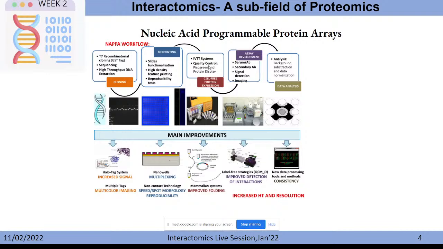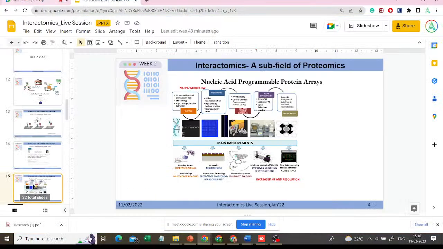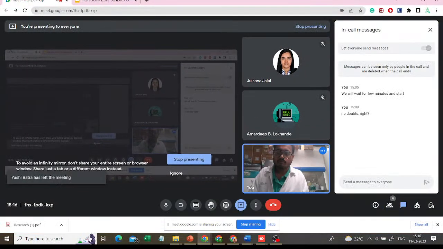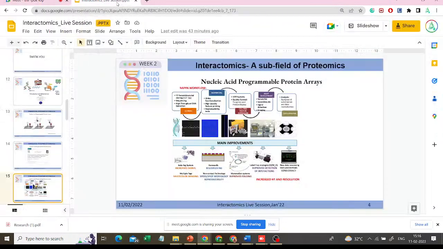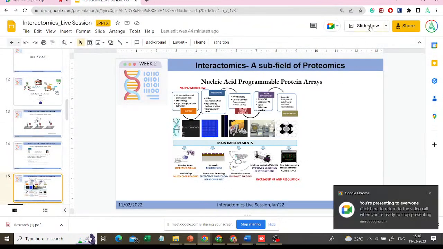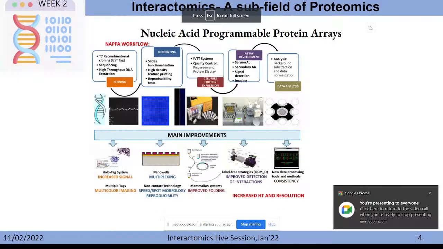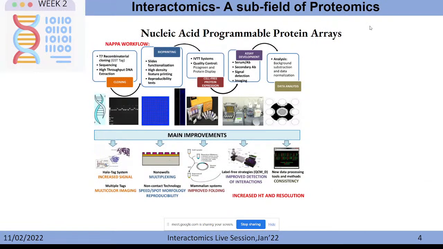Then you need those quality controls, which will help you identify the amount of protein in display, so that you can find out that the proteins have been expressed in equal amounts.